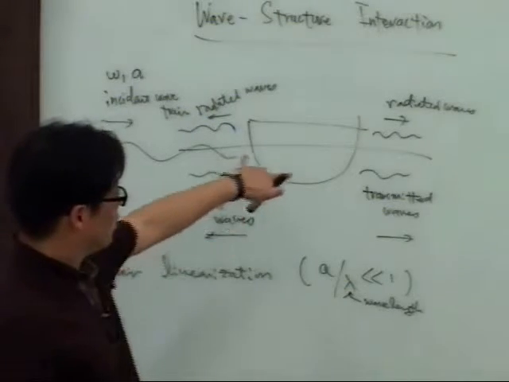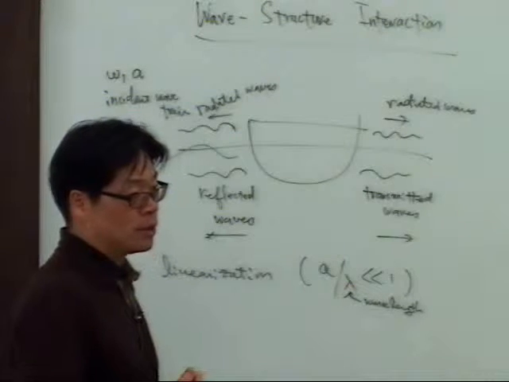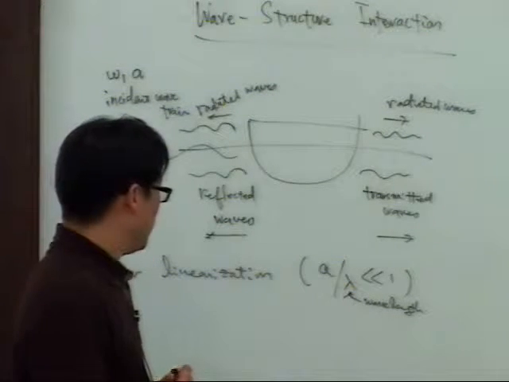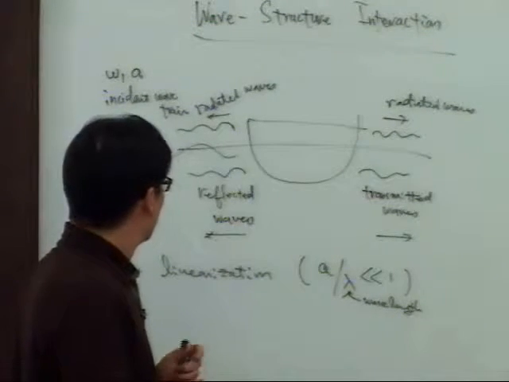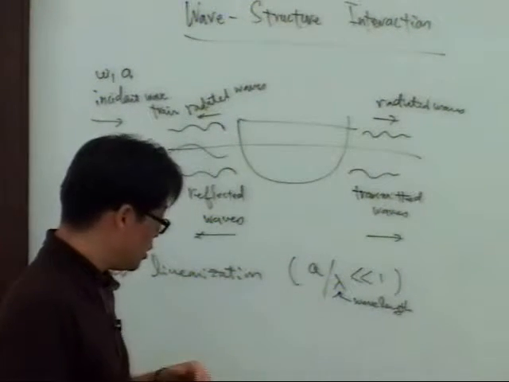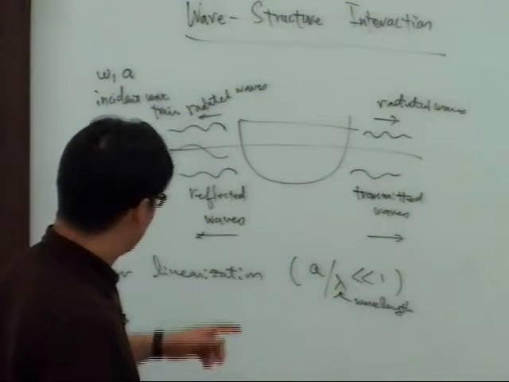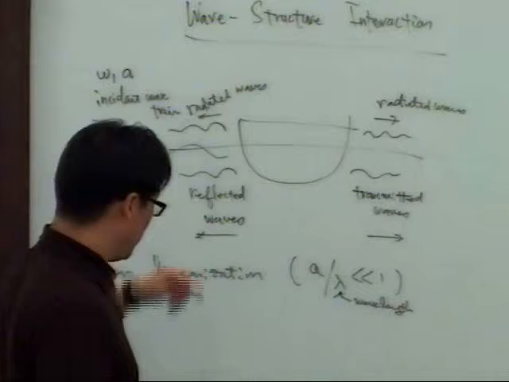If the length of the body is about 100 meters, then you're typically interested in waves of wavelength of 100 meters. And if amplitude is 1 meter, then this ratio is much less than 1. Then you can do the linearization. That's what we talked about, linear waves.